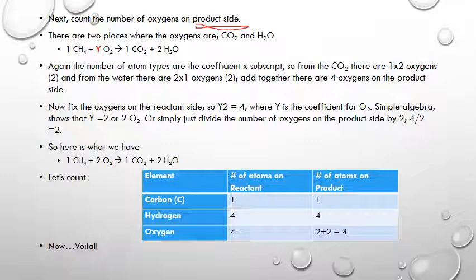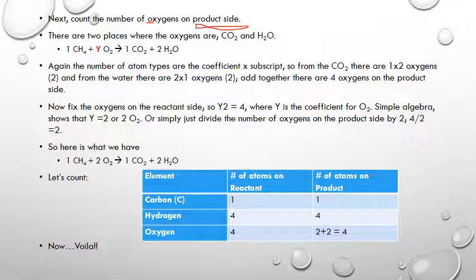The first two things we did, we counted the carbons and hydrogens on the reactant side and fixed them on the product side. For oxygens, it's the opposite. So we're going to start from the product side and go to the reactant.